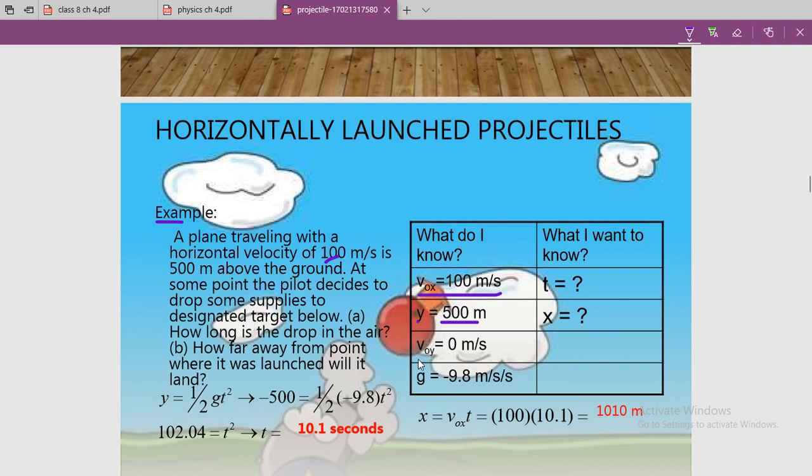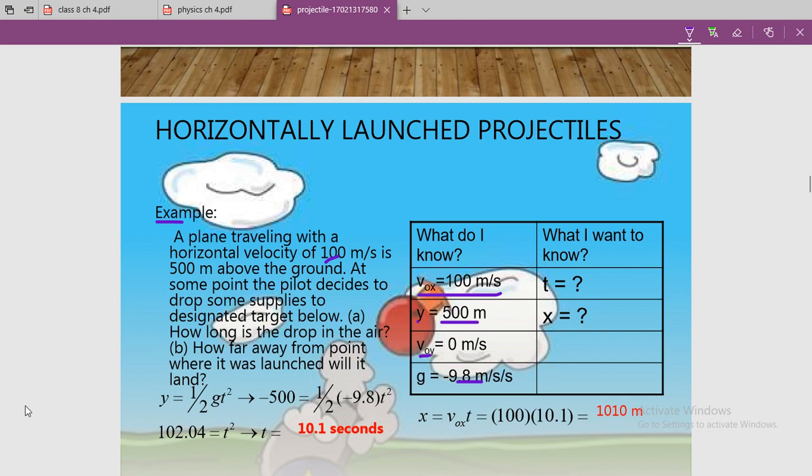The vertical component of velocity is 0 when the object was released from the plane. Its complete velocity is in the same direction as the plane, and g is minus 9.8 meters per second squared. This is the value of acceleration due to gravity, but we can take it as positive also. It depends on the direction, negative and positive.